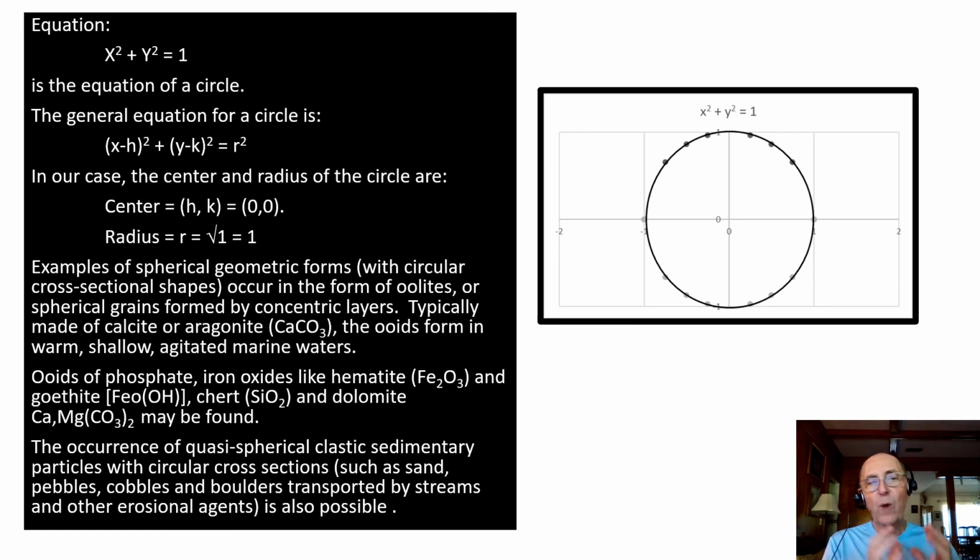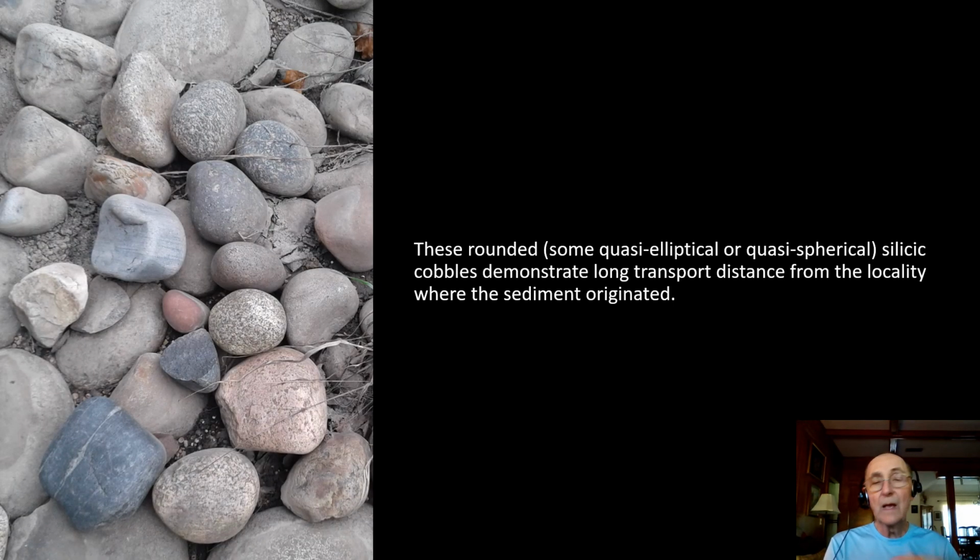The occurrence of quasi-spherical clastic sedimentary particles with circular cross-sections, particles ranging from sands to pebbles to cobbles to boulders, transported by streams and other erosional agents is also possible. Here you can see some rounded silicic cobbles, some of which are quasi-elliptical or quasi-spherical.